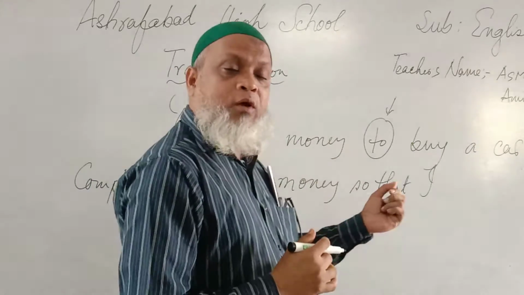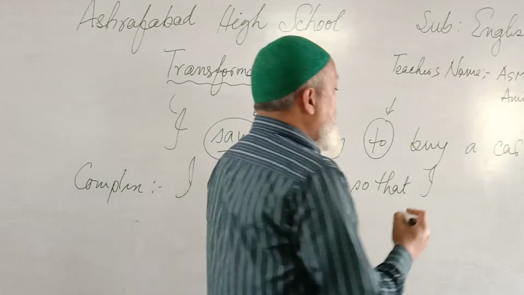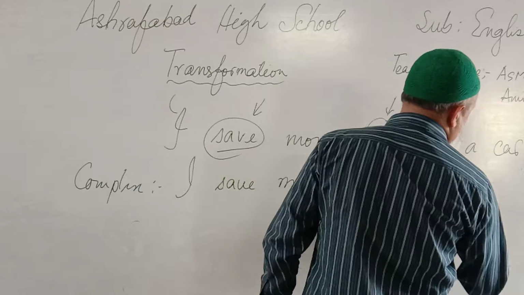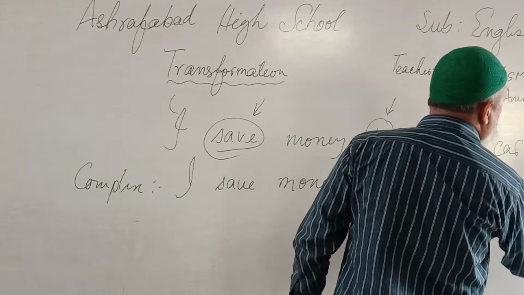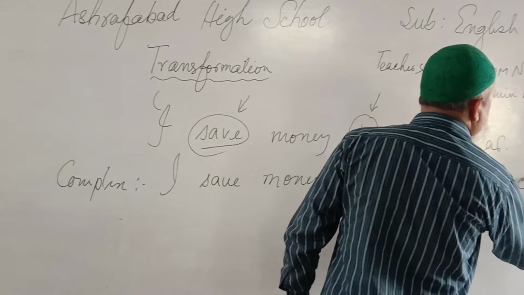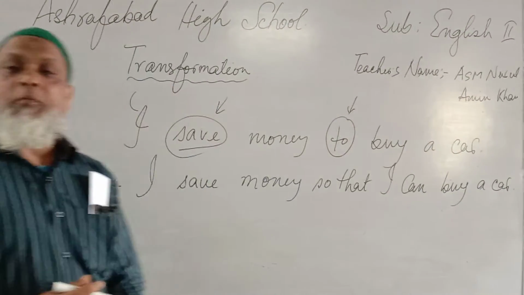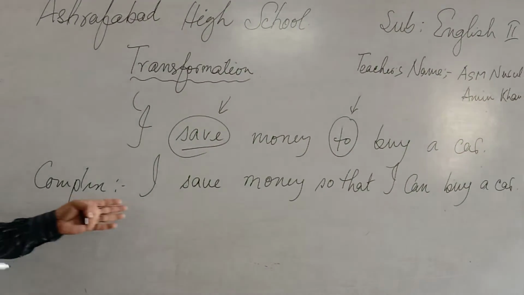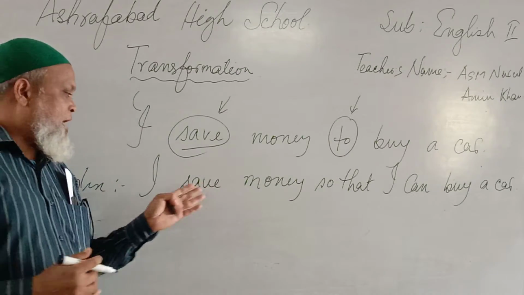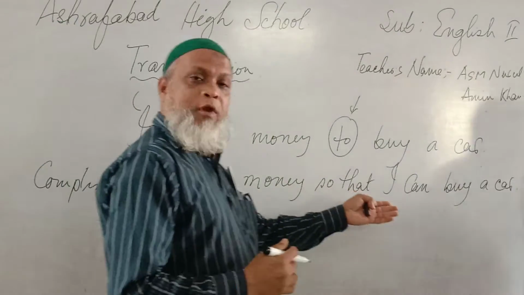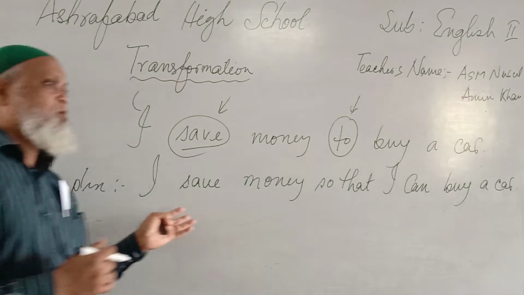I save money so that I can buy a car. The sentence is complex, and here is a subordinate clause and a principal clause.